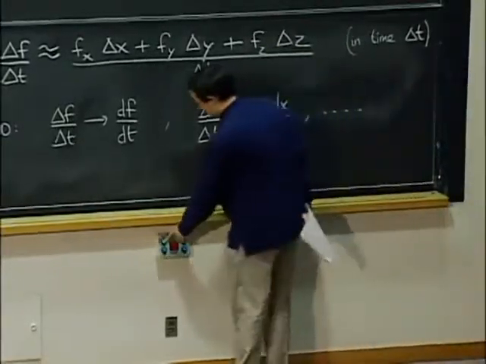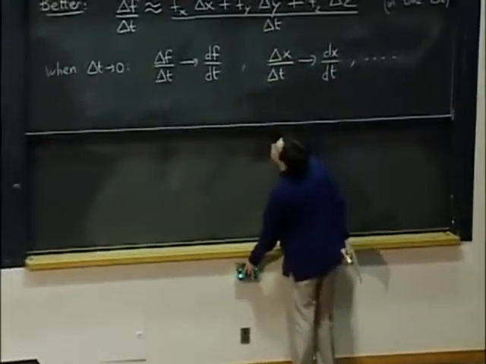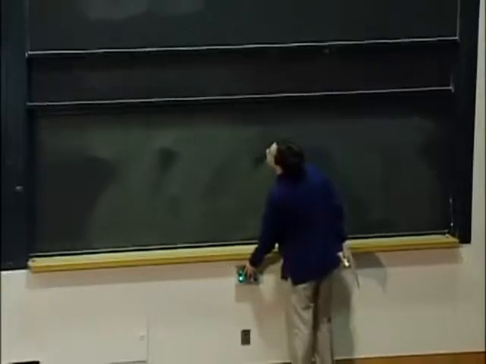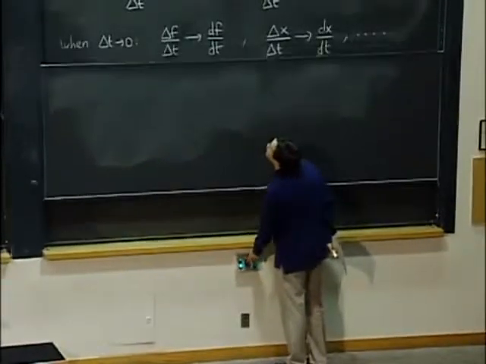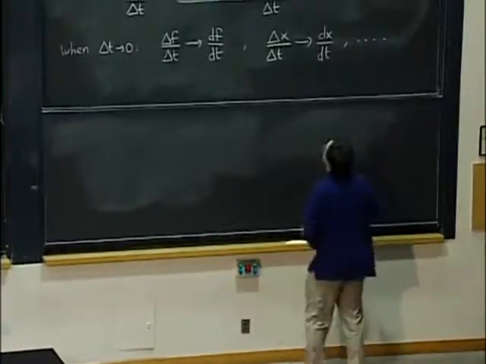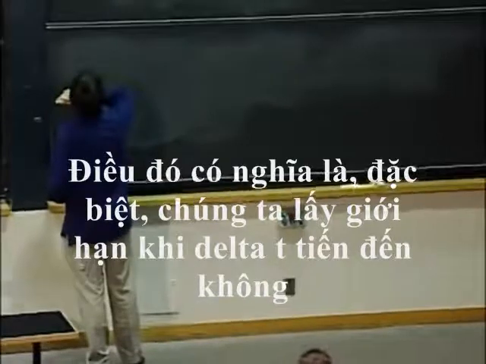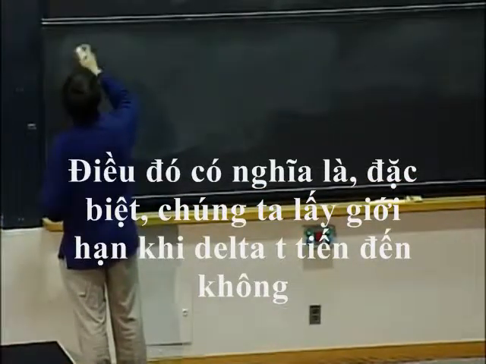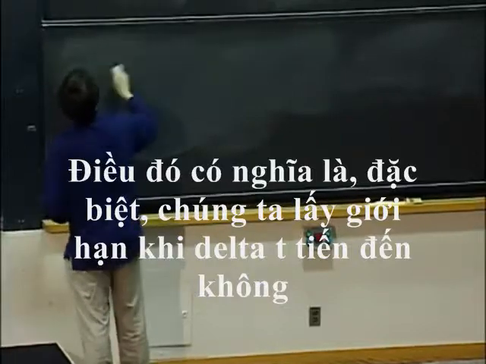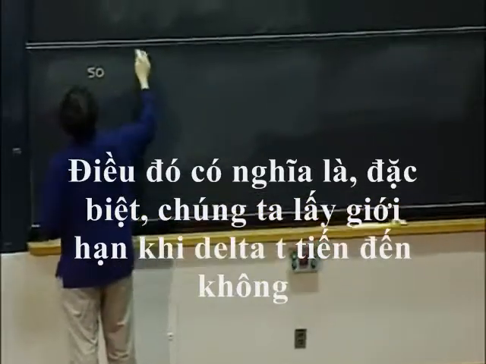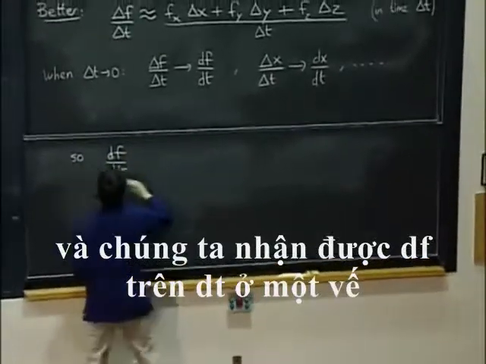So, in particular, if we take the limit as delta t tends to 0, we get df dt on one side.